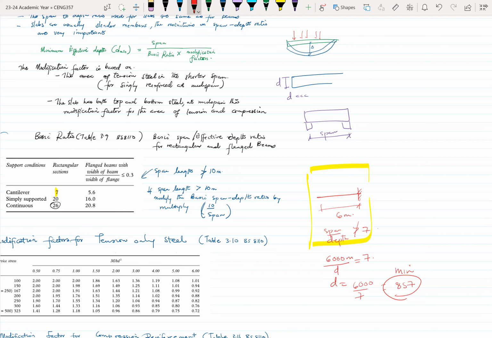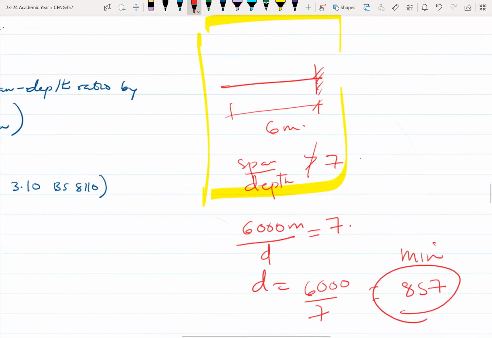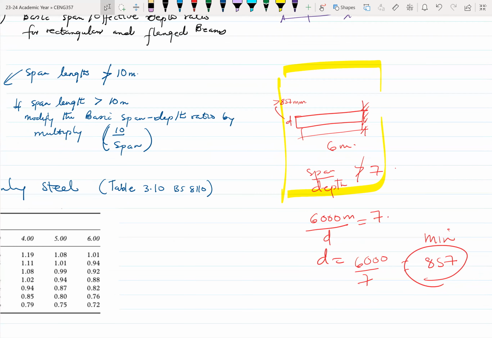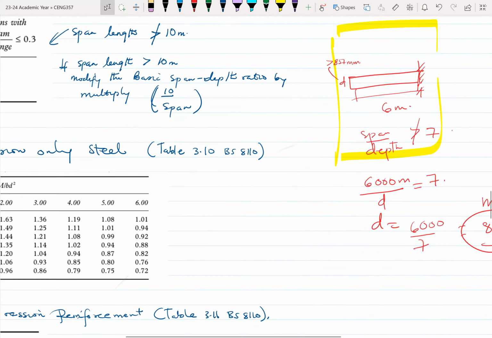So for this cantilever to have structural integrity, the depth D should be more than 857 millimeters. This is a crude, basic way of doing it. There's a more elaborate approach, which I have in the lecture notes, but in the crude way, this is what we do.